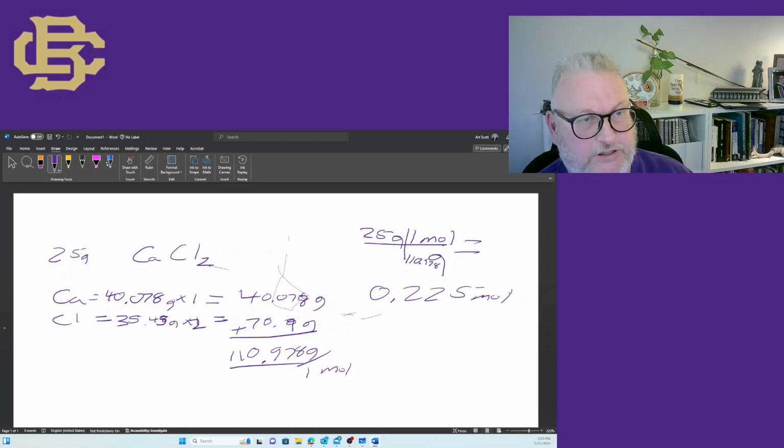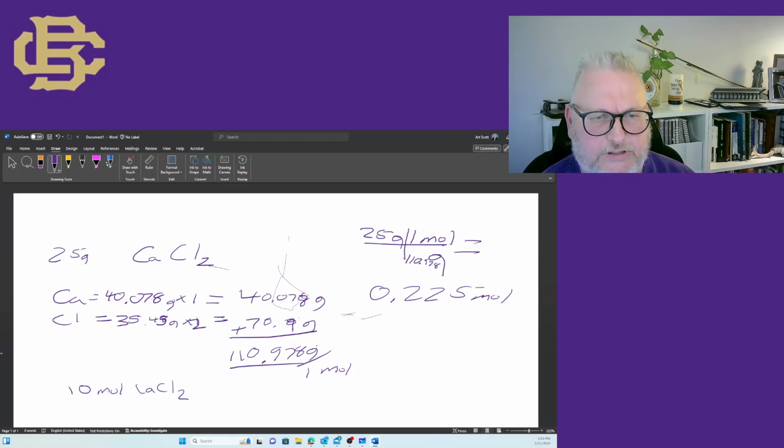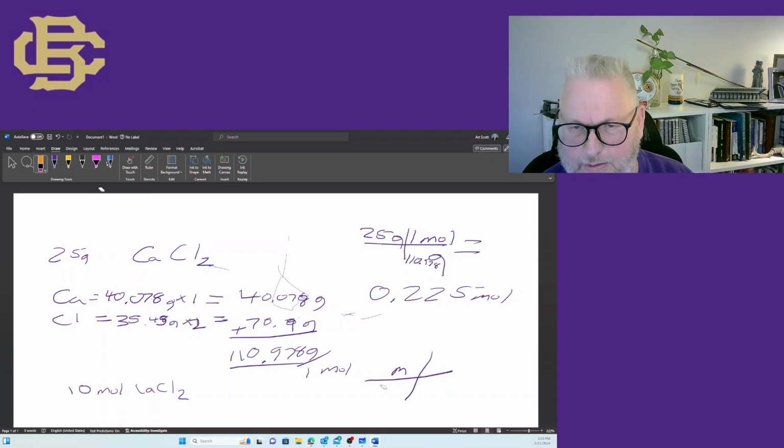Okay, I've got another question. How many grams are in 10 moles of calcium chloride? 10 moles, how many grams? CaCl2. Use the same thing here. So I'm going to write mole right here. I'm going to make my plus sign right there. And then I'm going to write mole right there.